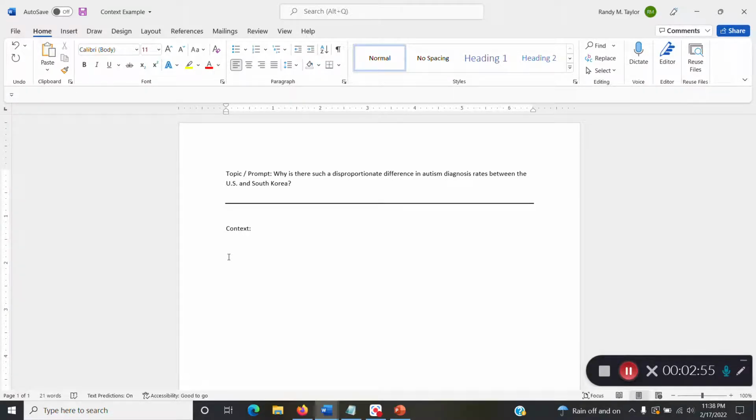So when we're looking at this particular topic, it's clearly about mental health. We're looking at autism, and specifically we're looking at diagnosis rates. So some of the concepts that you'll see when you conduct background research are concepts related to mental health, clearly, and also diagnosis rates, maybe the differences in diagnosing autism between the two countries.